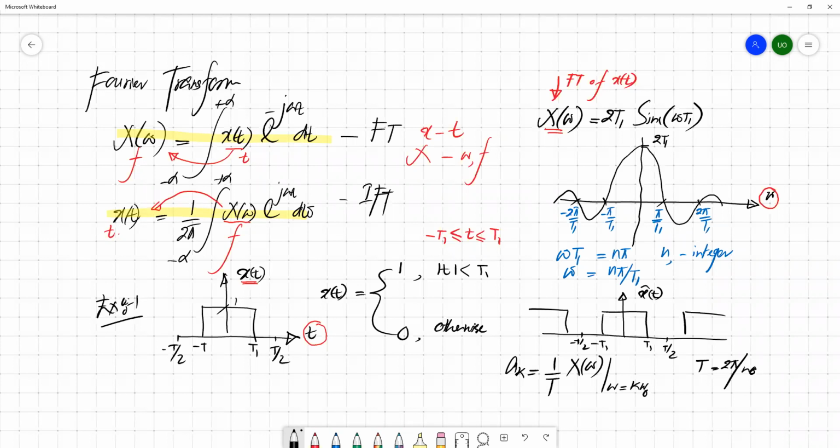If it is something else, you have to be more careful. Either you cannot directly write the Fourier series coefficients, or you need to apply properties of the Fourier transform. For example, let's think about this kind of pattern.